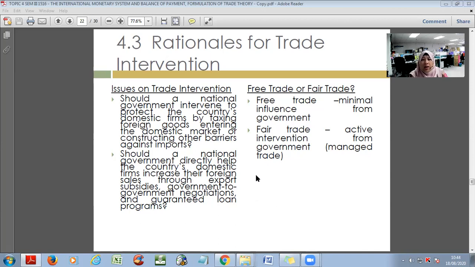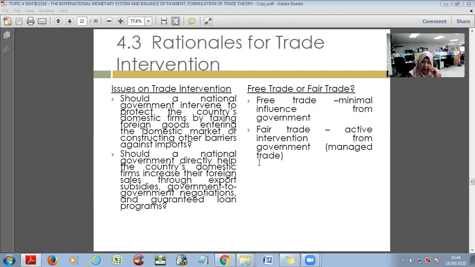So basically, we move to the issue of helping them, whether there is a rationale for the government to have trade intervention towards the business or the organization.